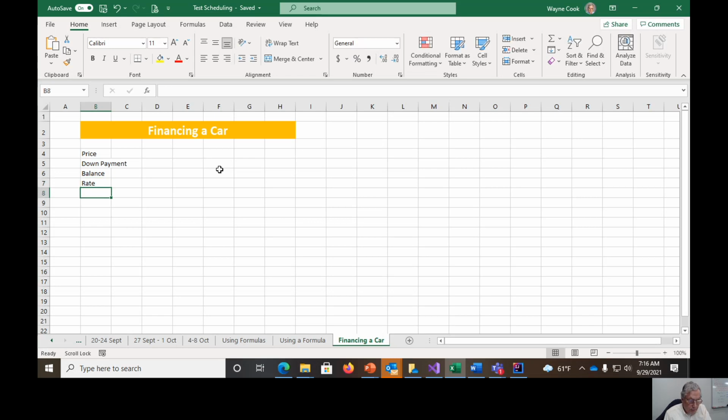Rate for the interest rate. Years for the number of years required, and payment.